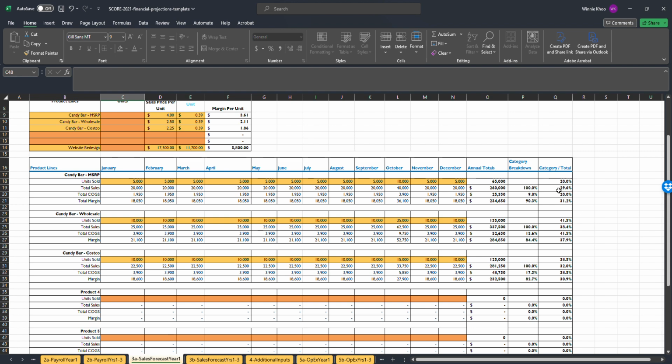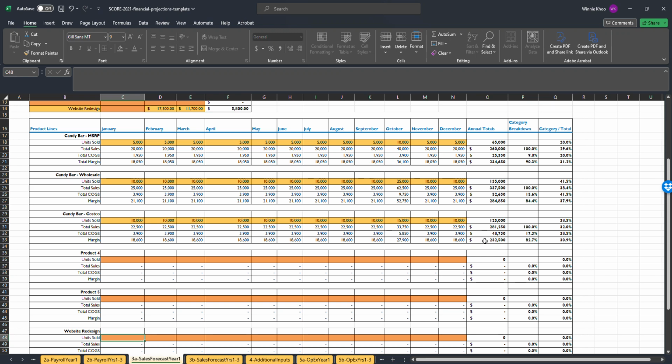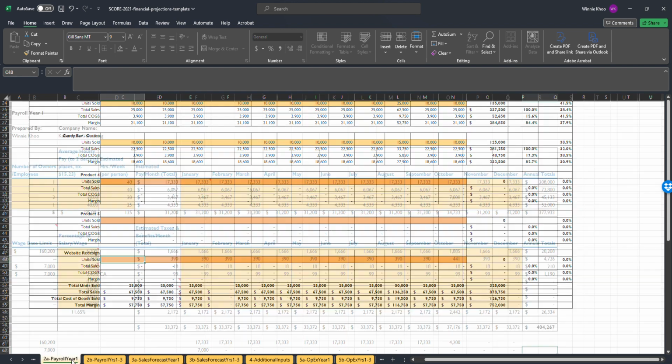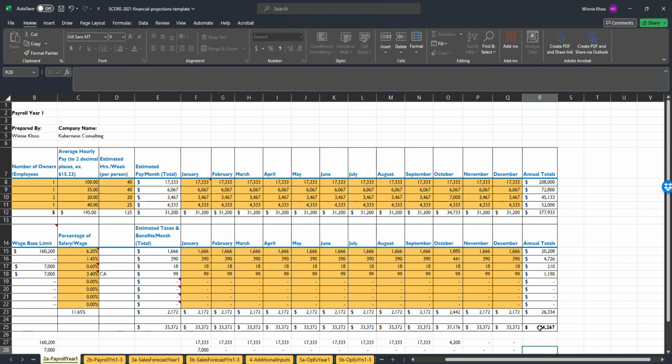And the total margin, in terms of dollar value, is down here. So the total margin is roughly 750K. All the COGS are covered at this point, and you've got roughly 400K on payroll.